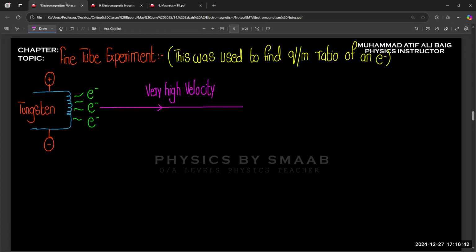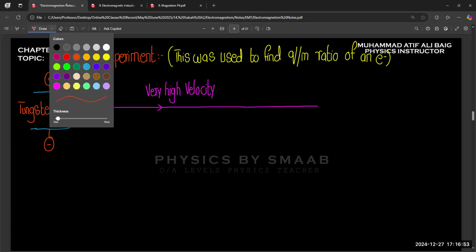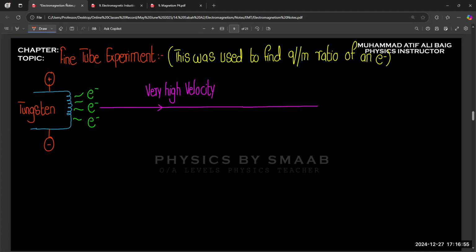And then again it travels through the electric field. So we can use the same plates, positive and negative.